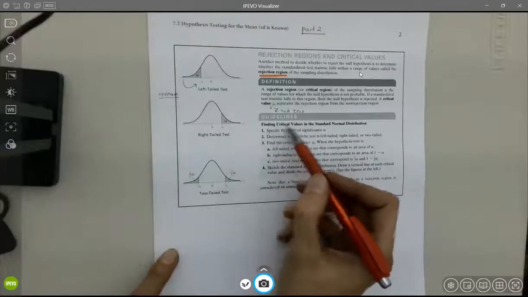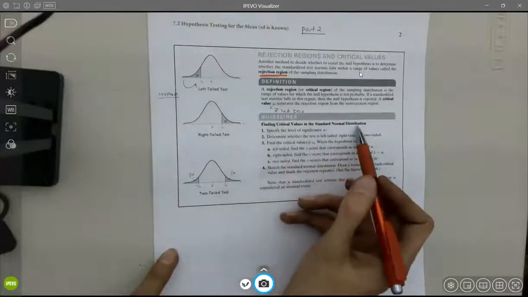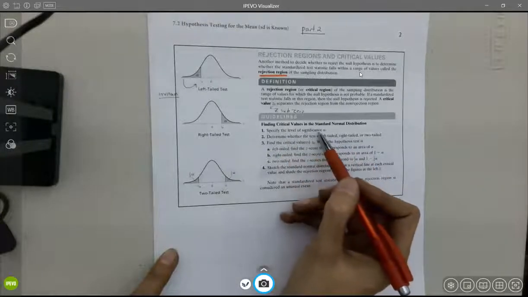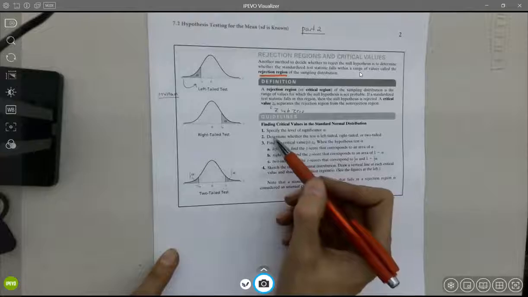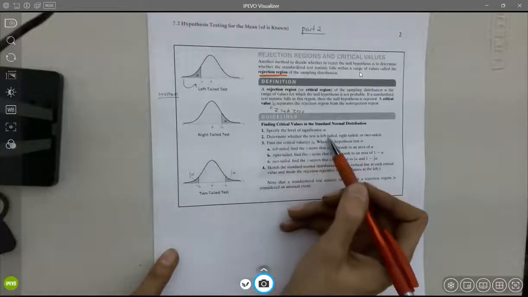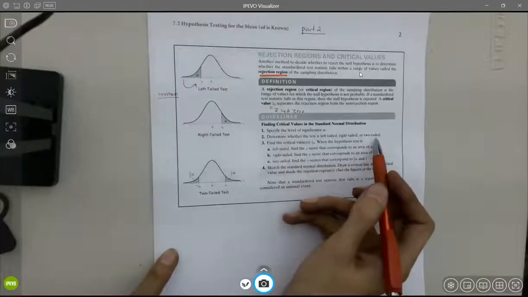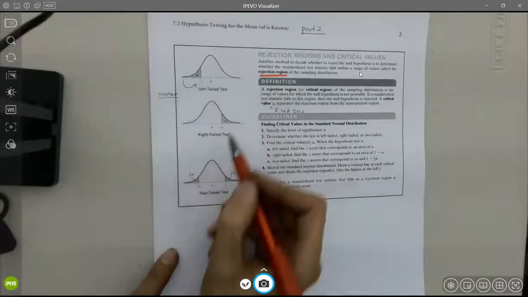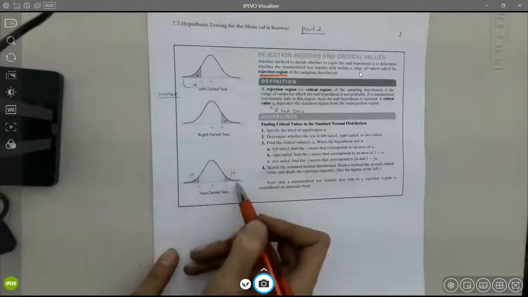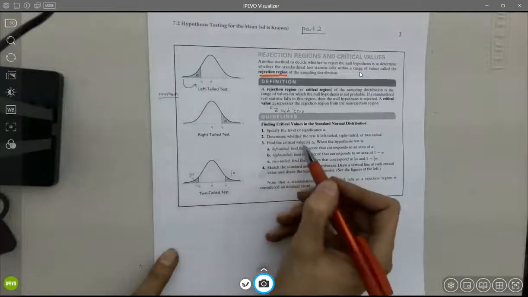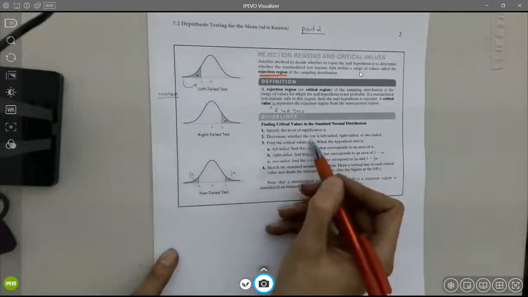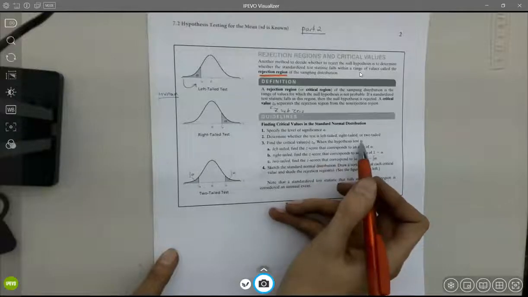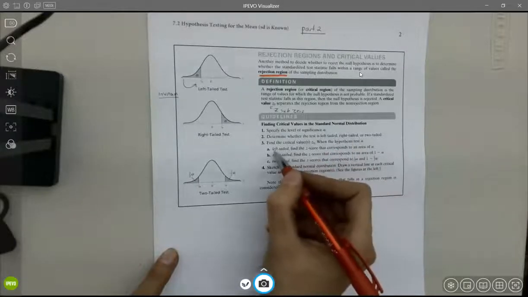So how do we find critical values in the standard normal distribution? Specify level of significance, alpha. Determine whether the test is left-tailed, right-tailed, or two-tailed. Find the critical value or critical values z sub 0 when the hypothesis test is left-tailed.